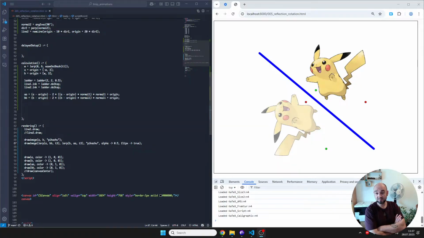So it would be easier to have just points and then mirror those points so we have an abstract shape, but I really liked the idea of the Pikachu moving.